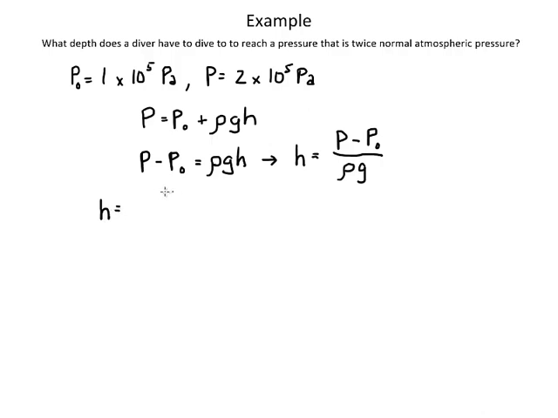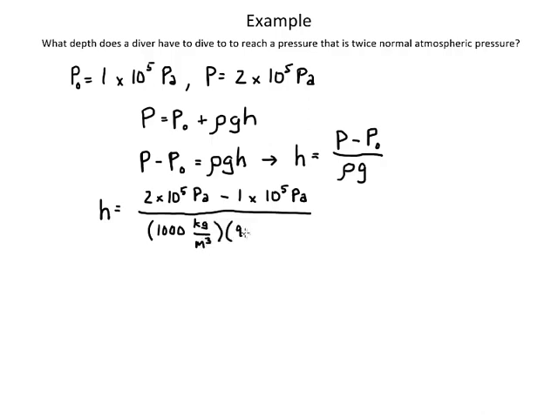So we'll take our pressure, 2 times 10 to the 5 pascals, minus atmospheric pressure, 1 times 10 to the 5 pascals. And this whole thing is going to be over the density of water, which is 1,000 kilograms per meter cubed, times 9.8 meters per second squared.